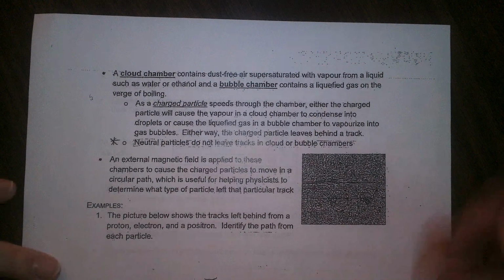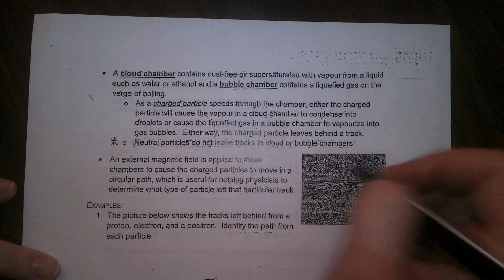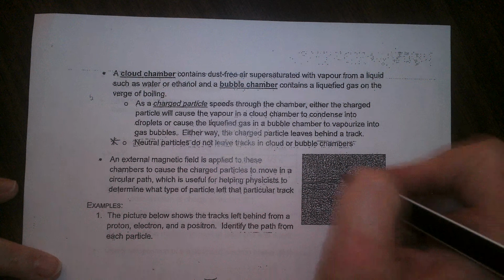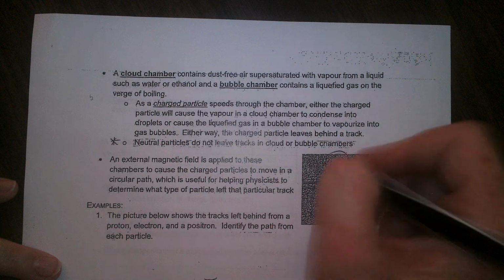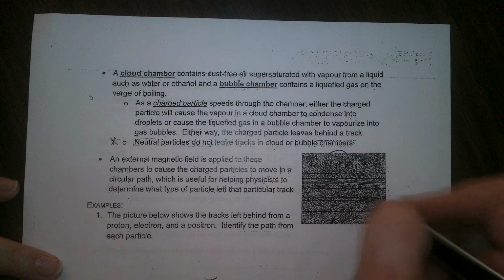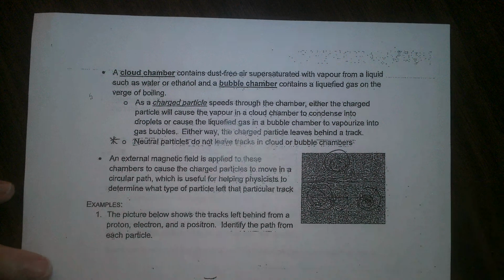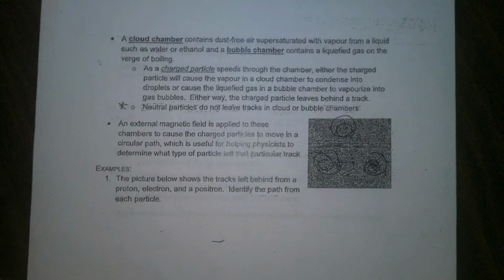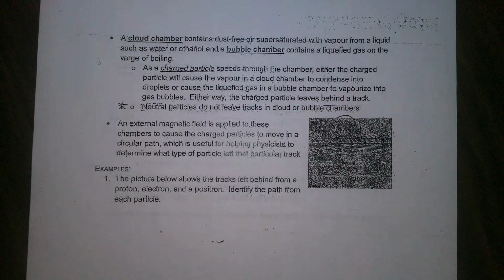This picture shows the cloud, and it will swirl around in a circular pattern. An external magnetic field is applied, causing the charged particle to move in a circular path, which helps them determine what type of particle set that path.